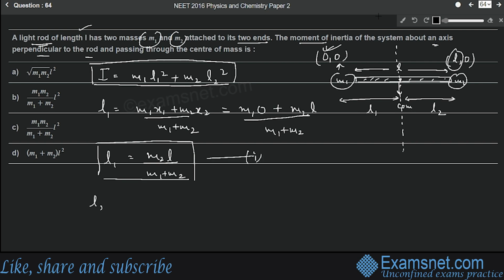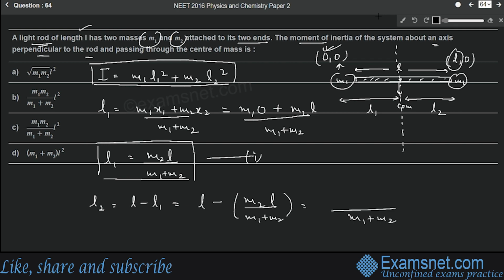Similarly, we can find L2. So L2 is equal to what? Total length L minus L1, right? If we subtract L1 from the total length, we'll get L2. So total length L minus L1, that means minus m2 L upon m1 plus m2. Okay, so let's open the bracket. LCM will be m1 plus m2.